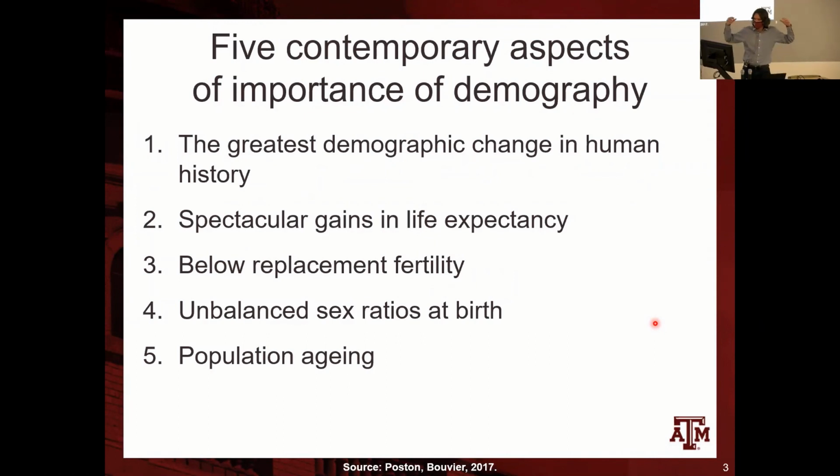You pretty much have a huge increase in population size in the world. You also have huge declines in mortality, which means that people are living longer, right, in more recent years compared to previous years. You also have declines in fertility.